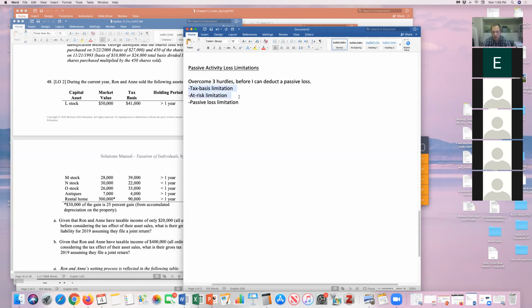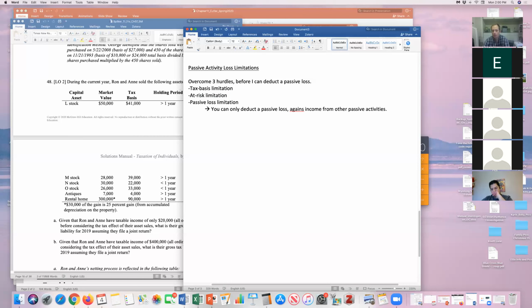If you're doing a problem, it's just going to tell you what these numbers are, and you're probably more worried about this one, because this one means you can only deduct a passive loss against income from other passive activities.